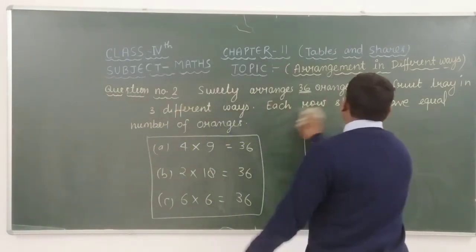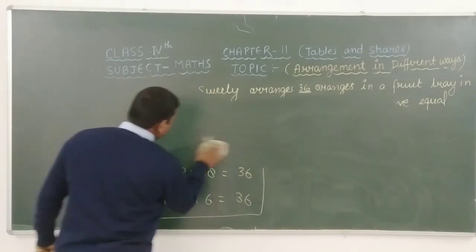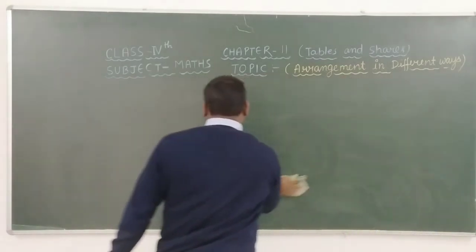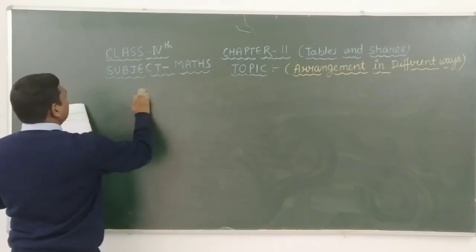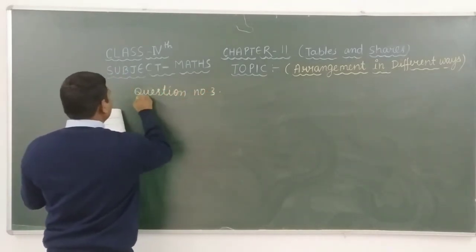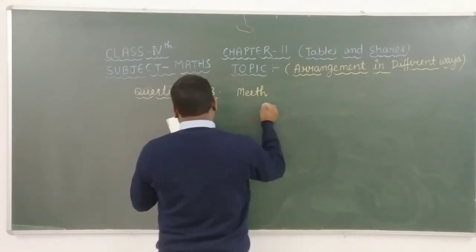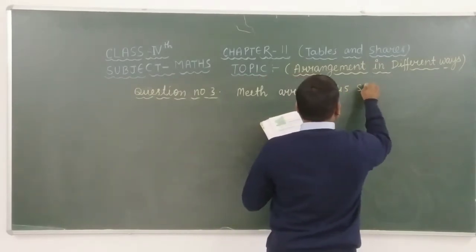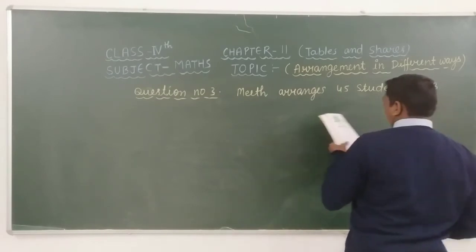Now let's start question number 3. Question number 3 is: Meet arranges 45 students in 3 different ways.